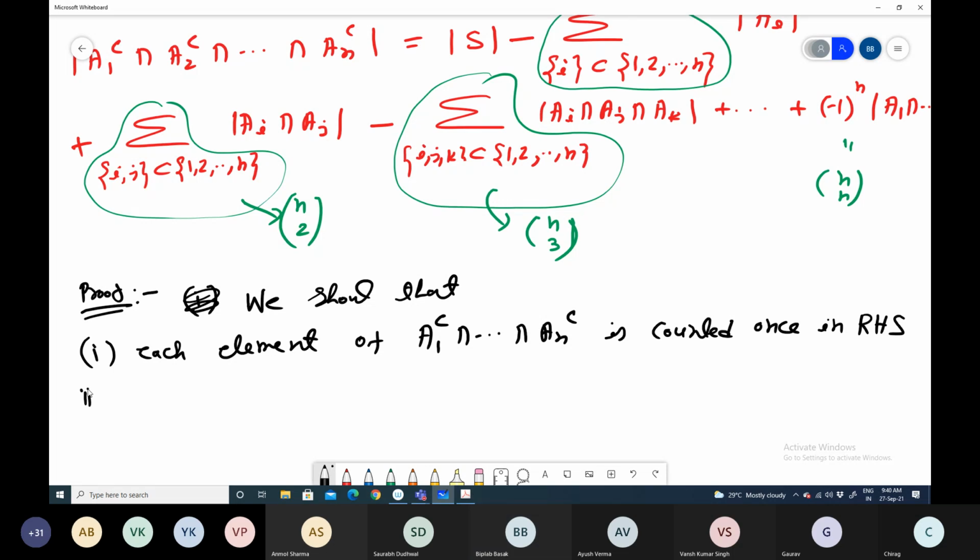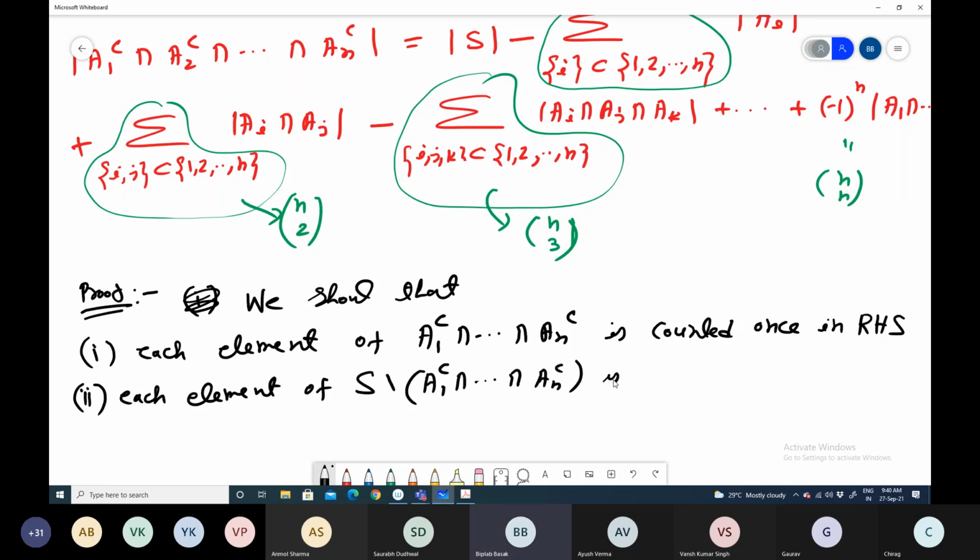And next we will prove that each element of S minus this set is counted 0 times in the right hand side.